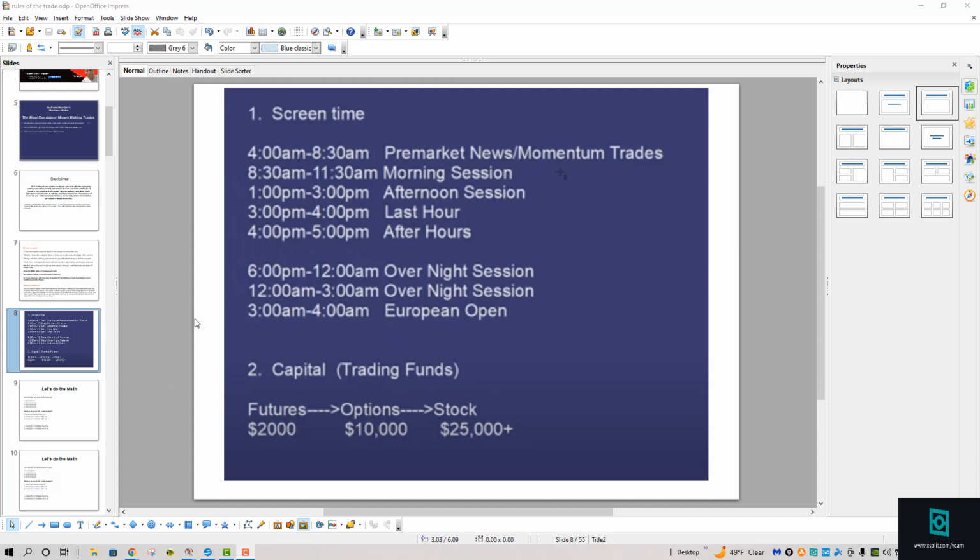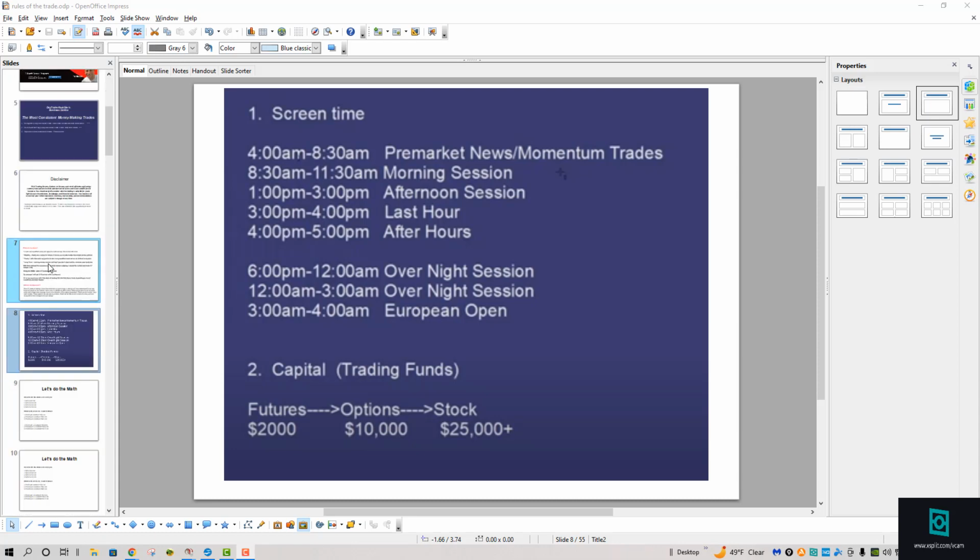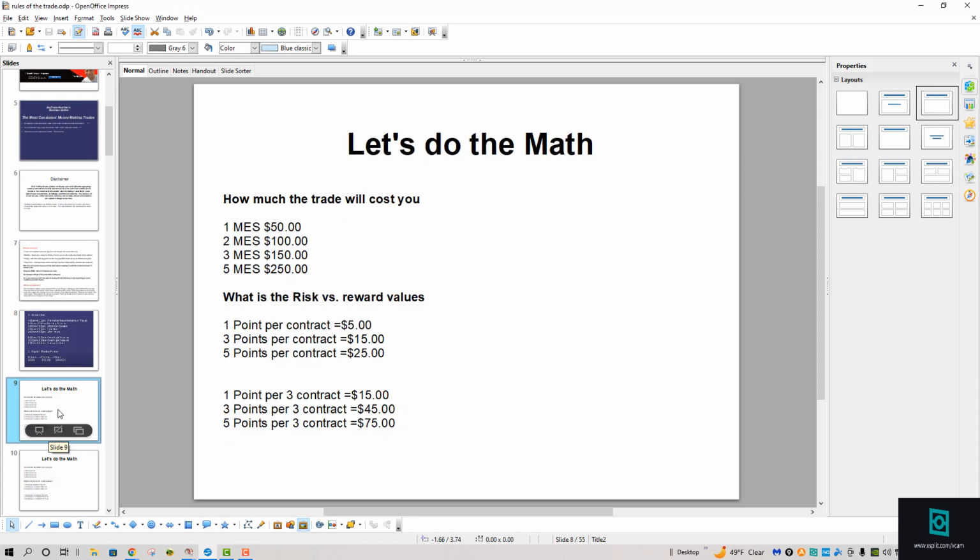Futures trading, this type of trading, you could start off on a very small account with the introduction of micro contracts. And if you have a discounted broker, which we'll talk more about tomorrow, you could get these contracts and pay a minimum amount. If we do the math together, how much it would cost you, we'll be going over this. One MES contract, or micro E-mini, is basically $50 in margin. 2 would be $100, and so on and so forth.